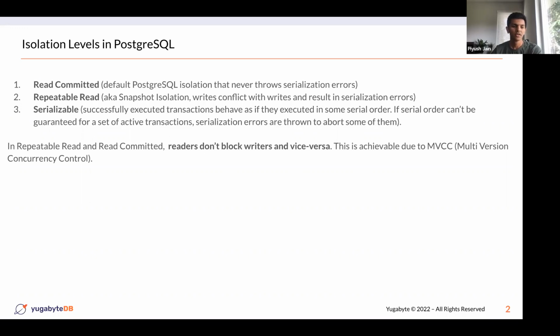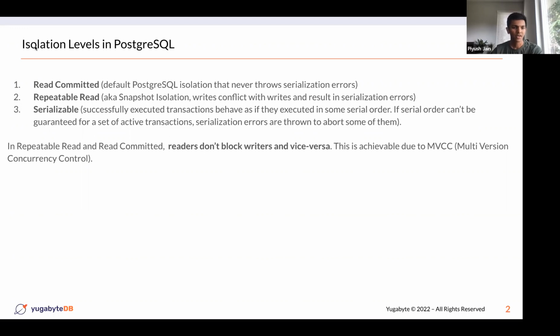You would see the database as if it's doing one transaction after the other, as if without anyone blocking you. Now, if for some reason the guarantee breaks, that is, the database is not able to serialize your transactions, then it is going to throw errors. Those are serialization errors.